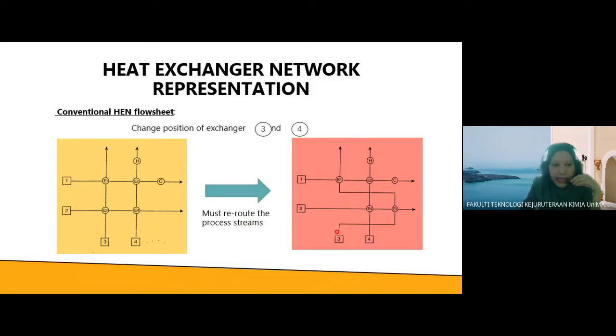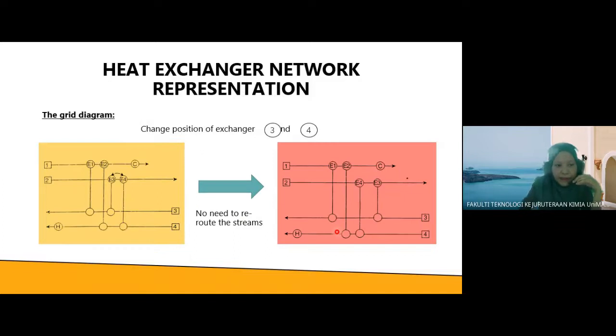Okay, but in grid diagram, if you want to change the position, just change it on the grid diagram itself without the need to reroute the stream. So that's the advantage of a grid diagram, right?